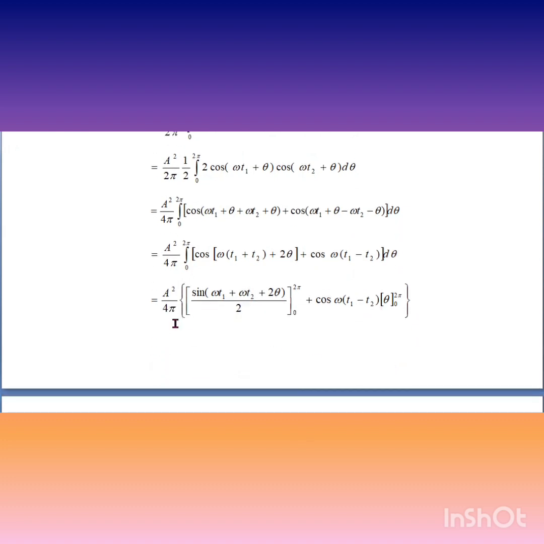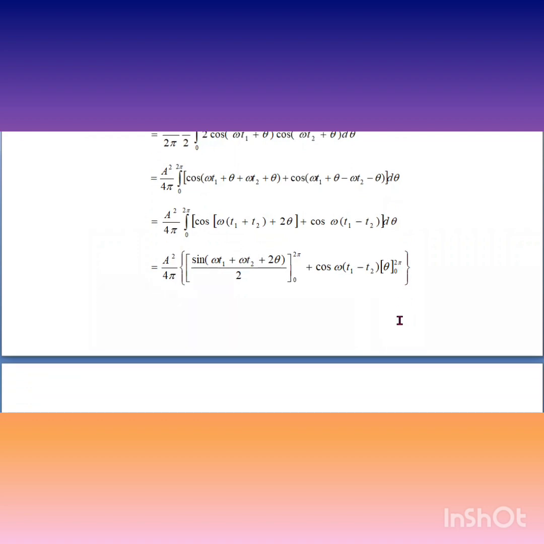So A squared by 4π, you have to separate into two integrals. For cos(ω(t1 + t2) + 2θ), if you are integrating, you will get sin(ωt1 + ωt2 + 2θ) divided by 2, with the limit 0 to 2π. The second one is cos(ω(t1 − t2)) dθ; if you are integrating, you get θ with limit 0 to 2π.